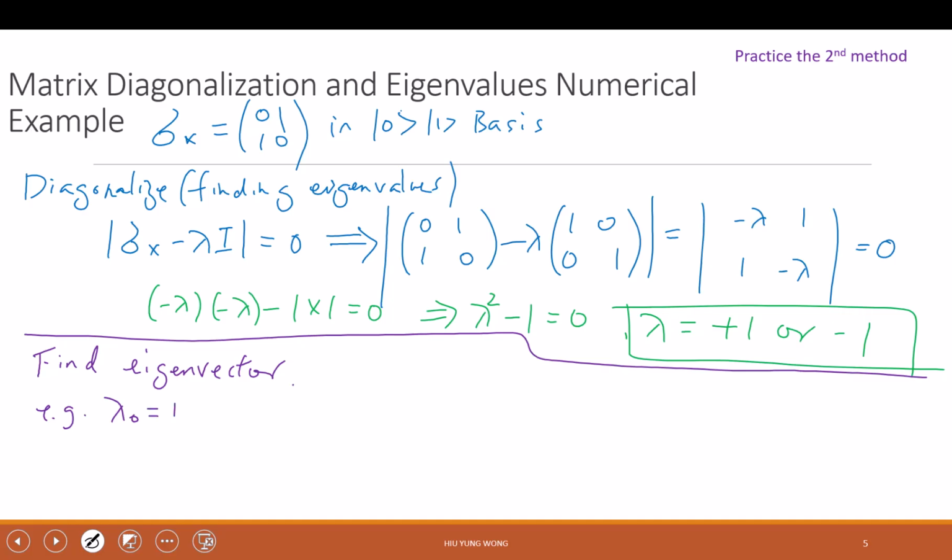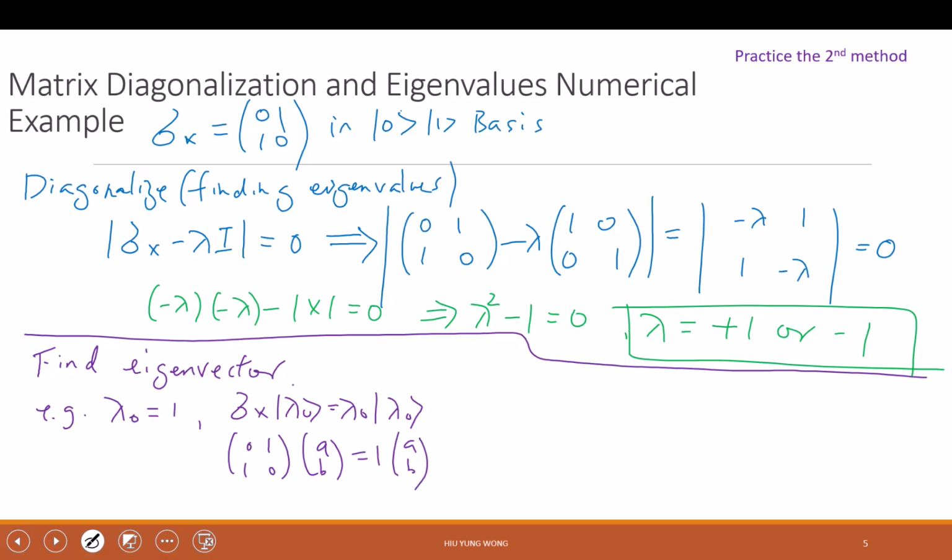This is the first eigenvalue. Then what do we have? We have sigma x acting on the lambda 0 vector equal to lambda 0 times the lambda 0 vector, right? So sigma x is 0, 1, 1, 0. The eigenvector, we call it AB, equals 1 times AB.